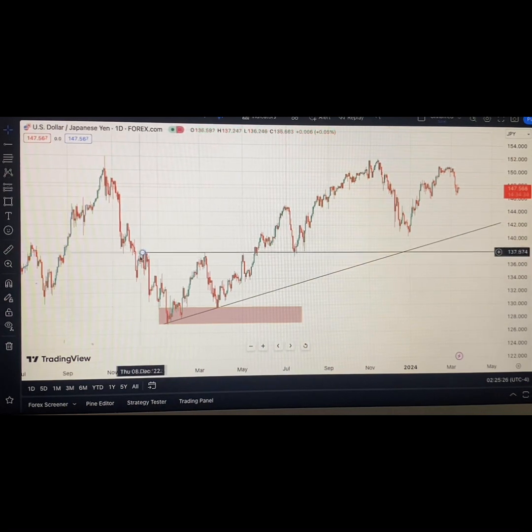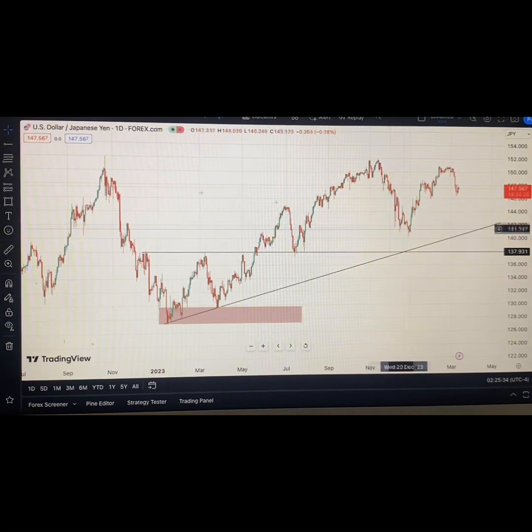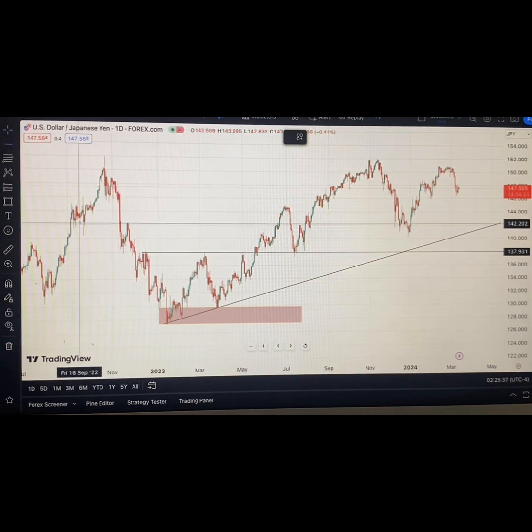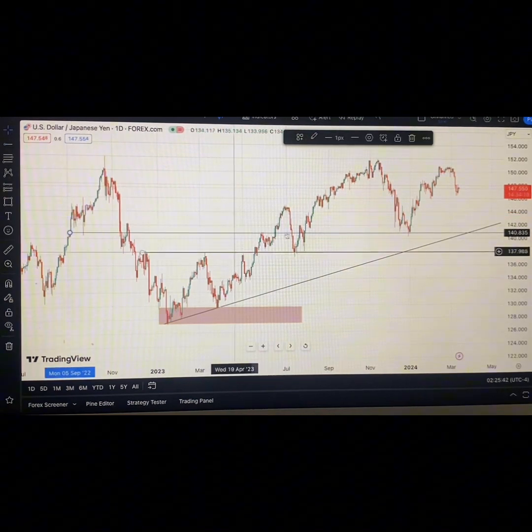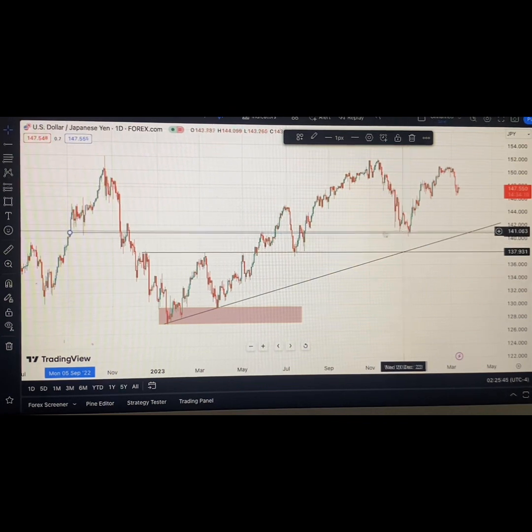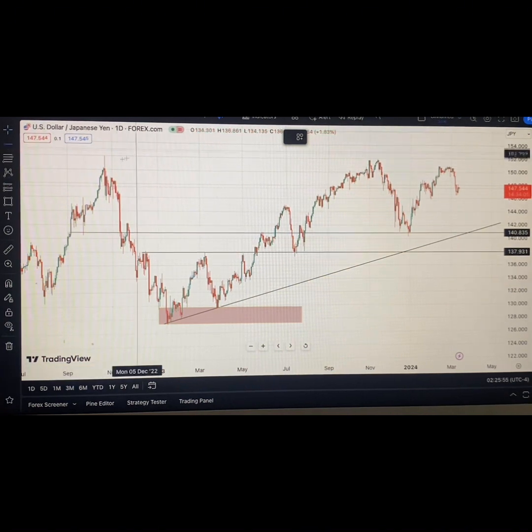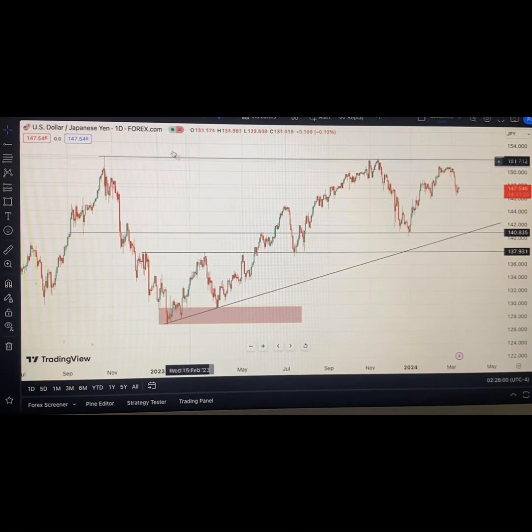The previous resistance zone now became a support zone and the market pushed up. Now we're having this. This is what? A support zone. This was a support zone. But market broke and created a resistance zone here. And you look at this. Resistance zone, resistance zone, resistance zone.